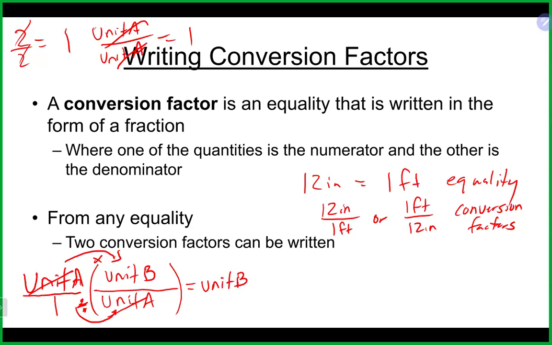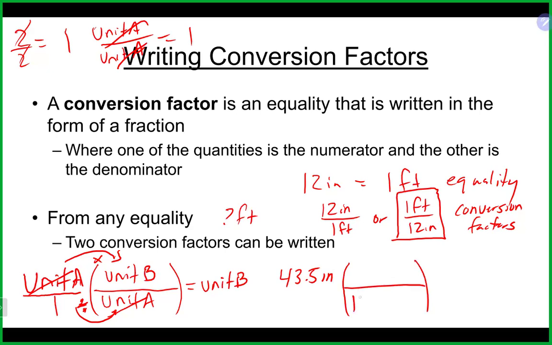So for example, if I had 43.5 inches and I wanted to know how many feet that was, I would start with my 43.5. I would go to my conversion factor, and again, my inches are up on top, which means my inches need to go on the bottom. I'm going to use my conversion factor to do that, which would be 12 inches is 1 foot.